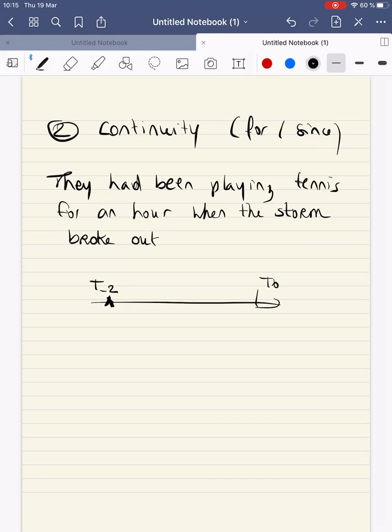Once again, back to my timeline. This is what they did. They started playing tennis in T-2, right, in the past perfect. It had been going on for a while when suddenly the storm broke out. So it means that when the storm broke out here, they were in the middle of playing tennis. The action was ongoing. So they had been playing tennis for an hour when the storm broke out.